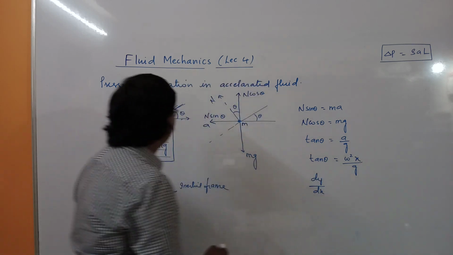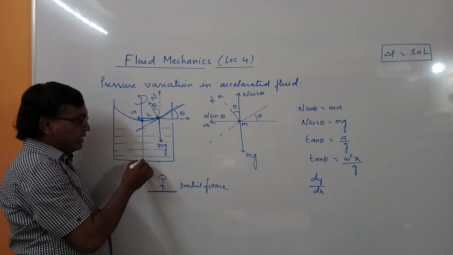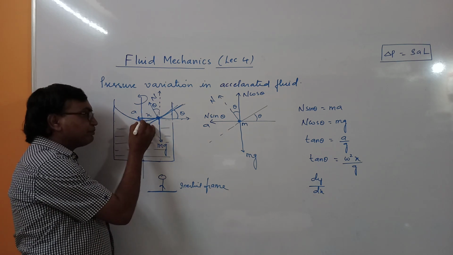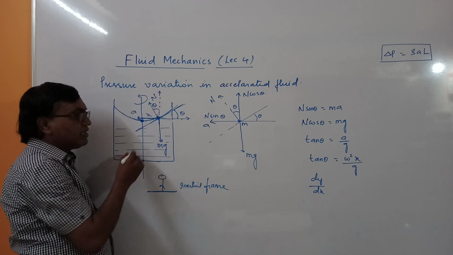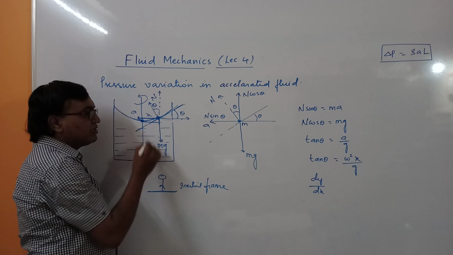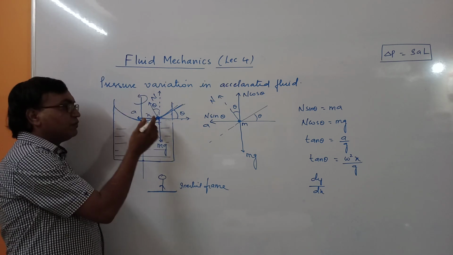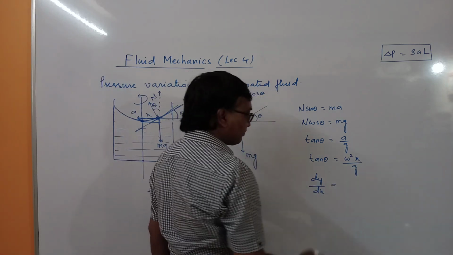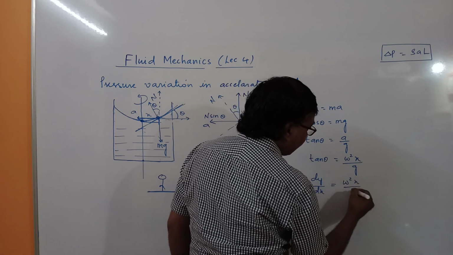I am taking the lowest point of the free surface as the origin, you can take another point as origin also. So from here, this is dy and this is dx. From this point, y is above. Then dy by dx will be equal to tan theta, that is omega square x by g.